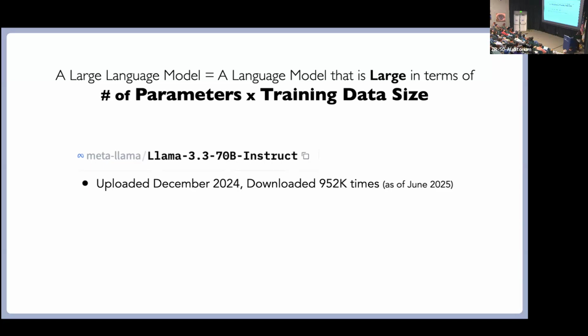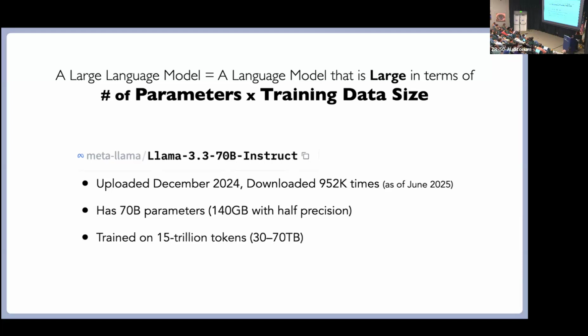And then 70 billion means the number of parameters. So it has 70 billion parameters. And then instruct means a variant of training method that we'll see later on. As you can see from this name, it has 70 billion parameters, and in raw size, it is 140 gigabytes with half precision.